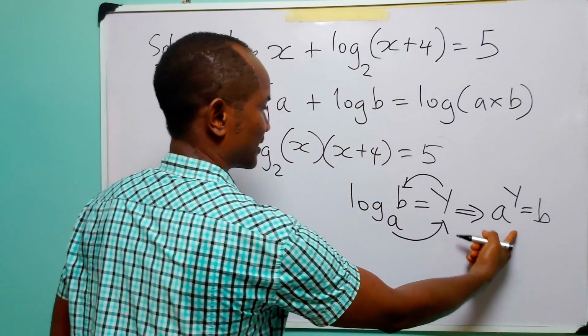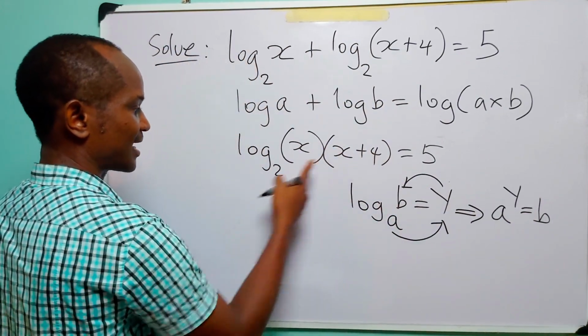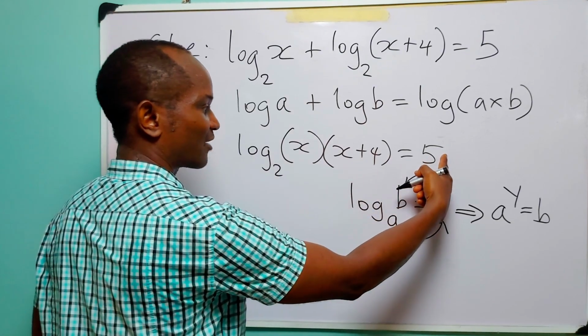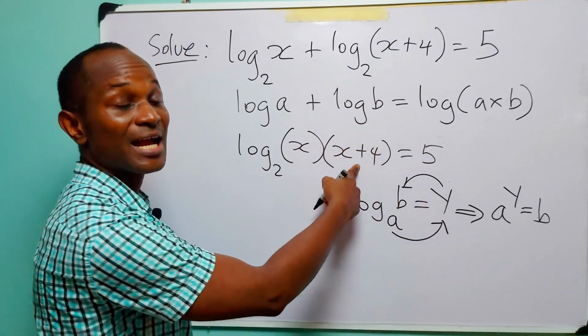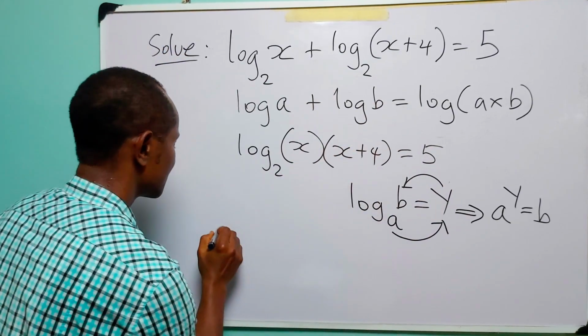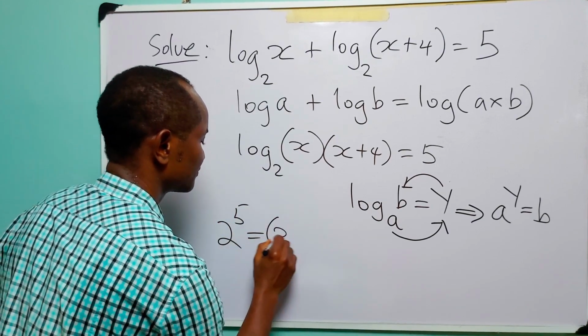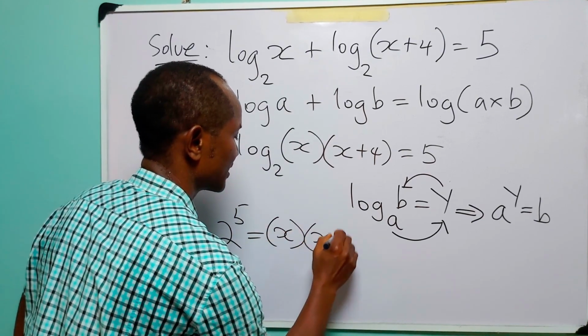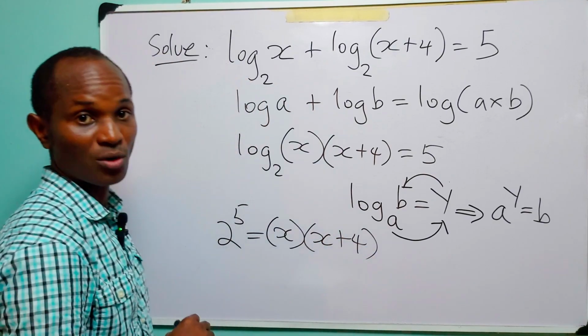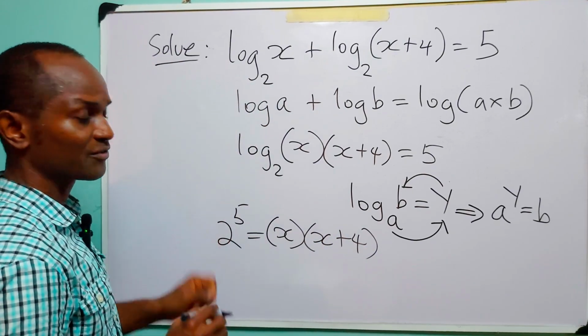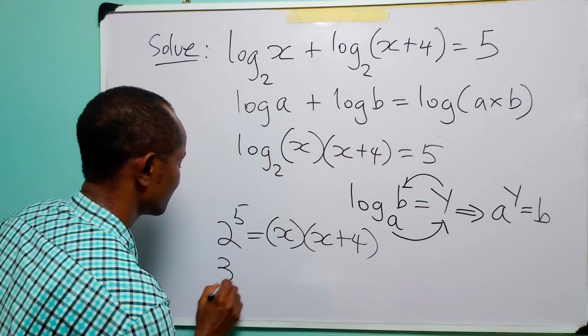Now, with this in mind, we can rewrite this as 2 to the power 5 is equal to x multiplied by x plus 4. That is, 2 to the 5th power is equal to x multiplied by x plus 4. Of course, we know that 2 to the 5th power is 32.